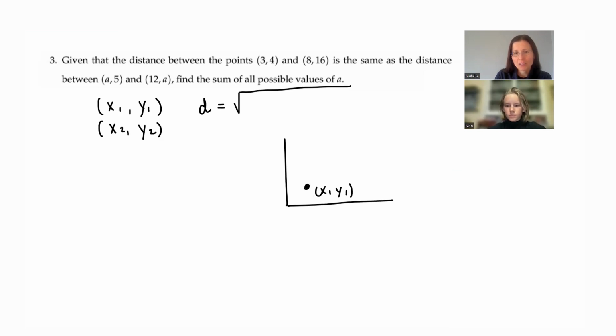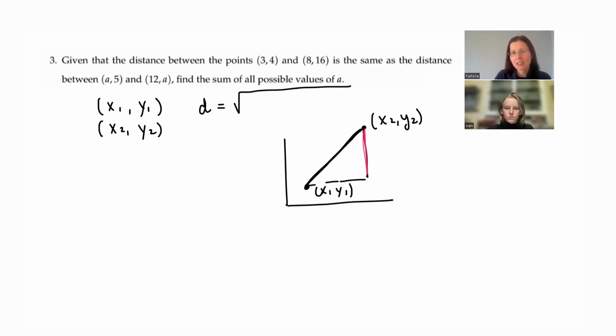Yeah, this is one point. Let's assume the second point is in this direction. Then the distance is this hypotenuse, and we can figure out the legs of this triangle.